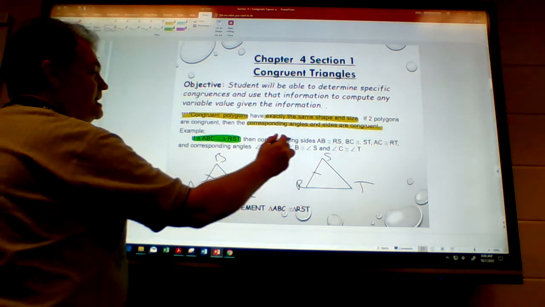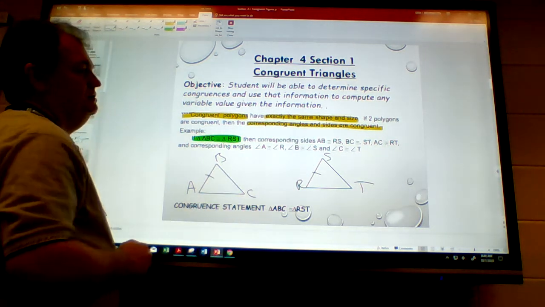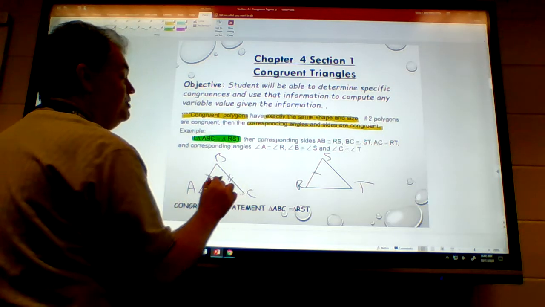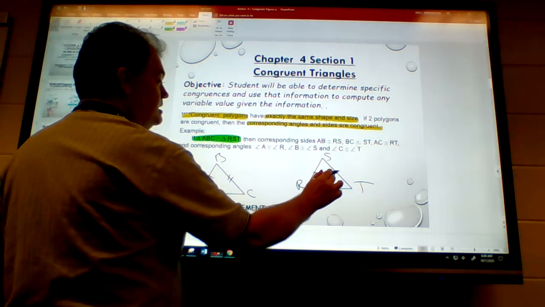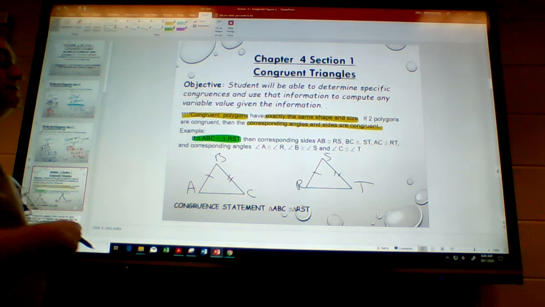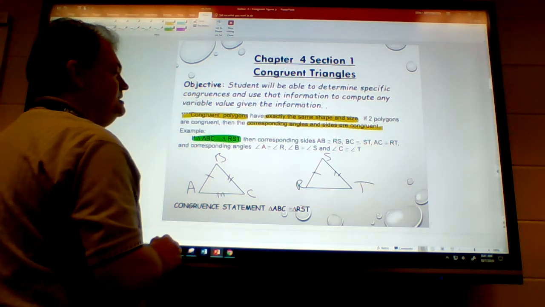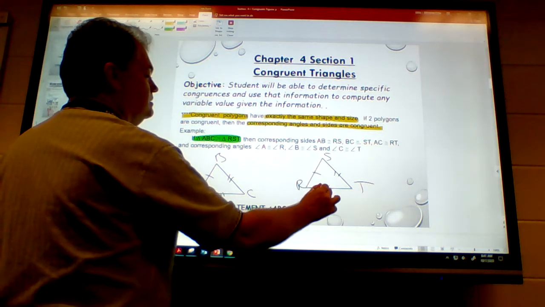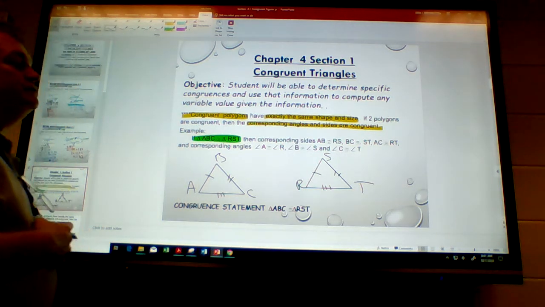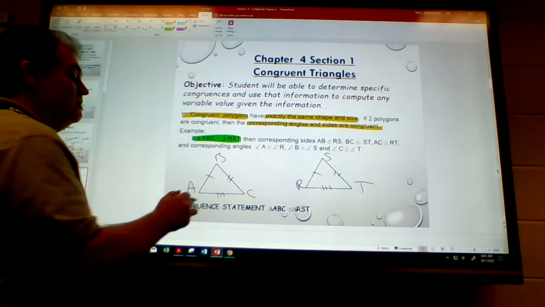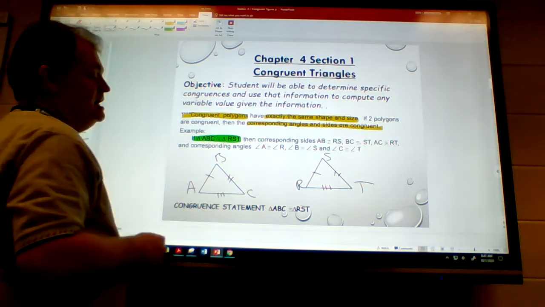I put one slash to show that those two sides are congruent. BC and ST are congruent, so they have two slashes. And then AC and RT are going to be congruent to one another because they have three dashes through them.